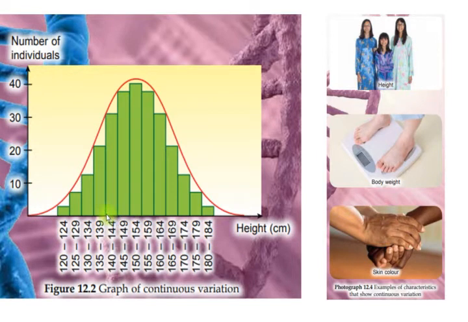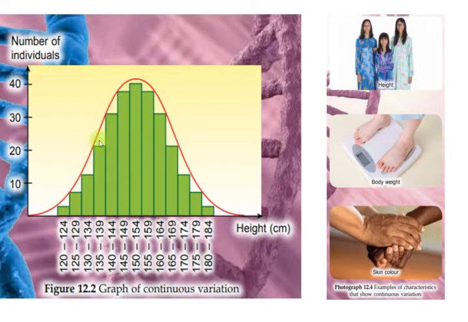Okay, so this refers to the graph of continuous variation. The graph shows a normal distribution, a bell-shaped curve.